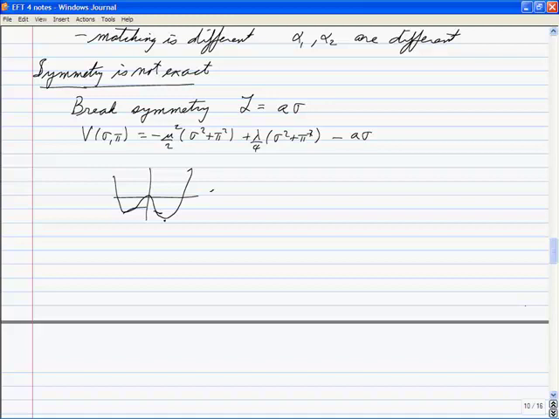So this is sigma in this direction, and the pi direction, if you want, is back that way. And this is V of sigma and pi.